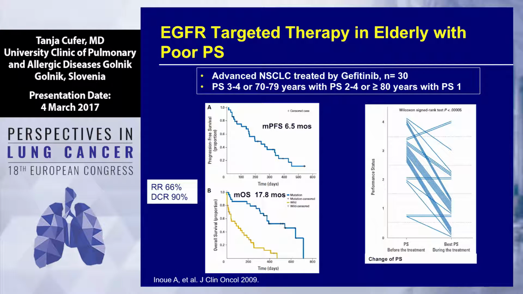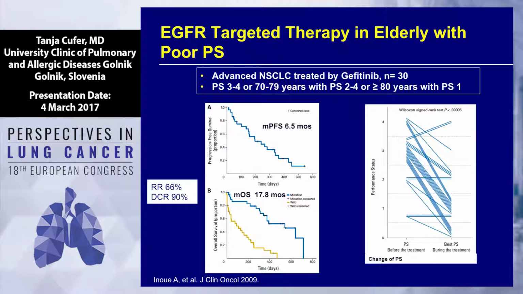Here, only elderly patients with poor performance status were included: more than 80 years with performance status 1, otherwise poor performance status more than 70 years. You can see the same response rate as in the previous 7 pivotal prospective trials, about 70% response rate. Progression-free survival, 6.5 months, very comparable to the collective of younger patients in 7 pivotal trials.